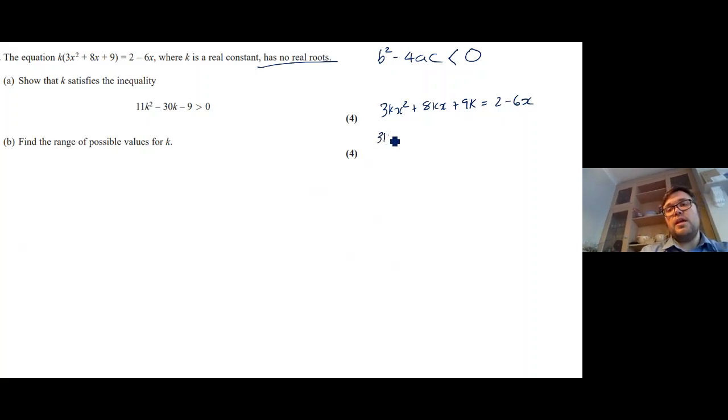So we need to collect all the like terms. We have 3kx squared plus 8kx plus 6x plus 9k minus 2.